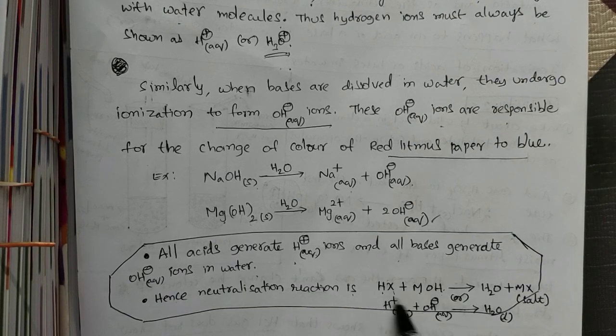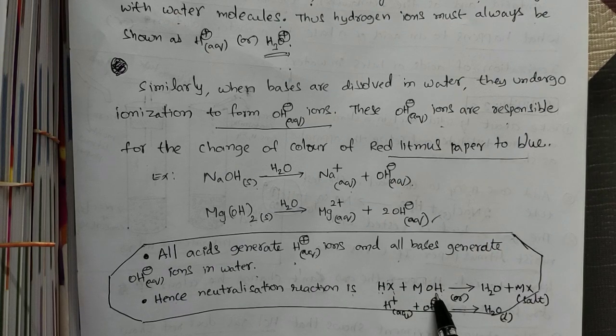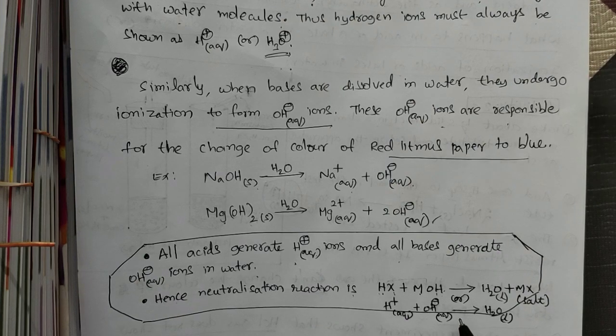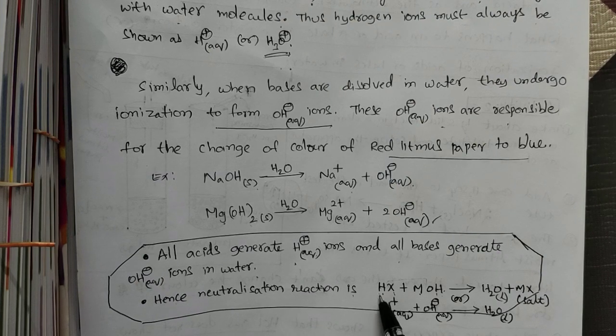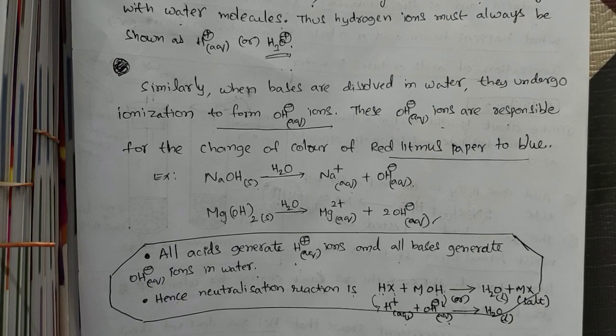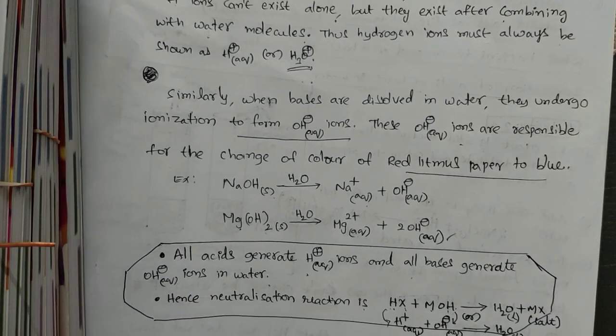M and X react together to form a salt, and H plus and OH minus react together to form H2O liquid. So in simple terms, we can write neutralization as H plus from acid and OH minus from base. So H plus aqueous plus OH minus aqueous gives rise to H2O liquid. This is also neutralization.